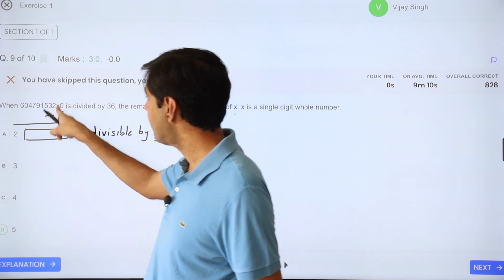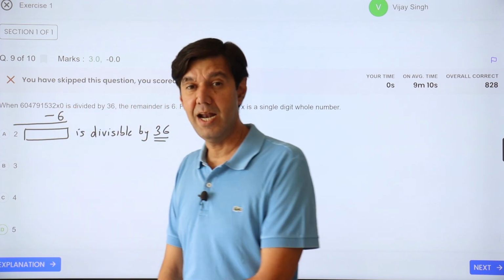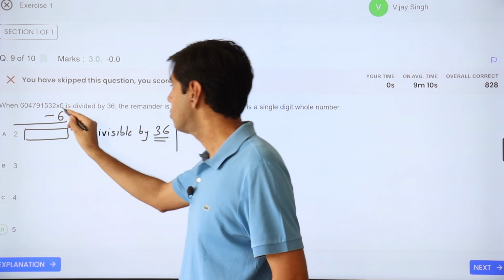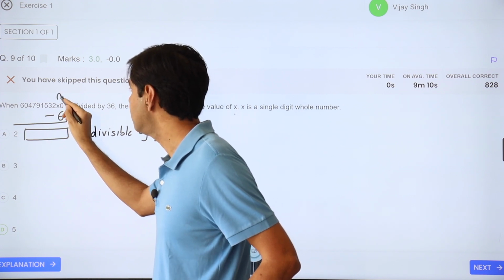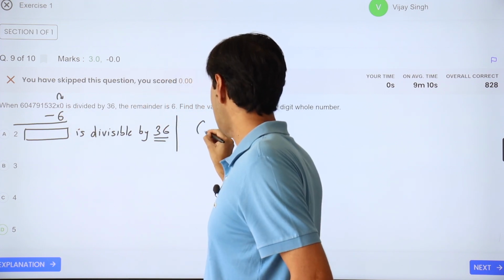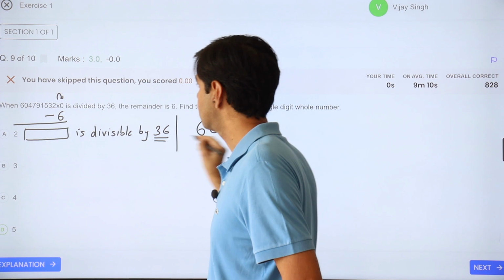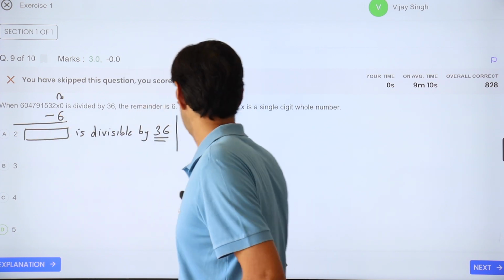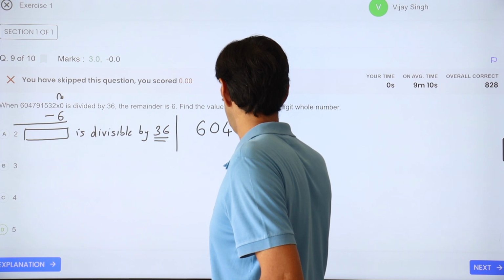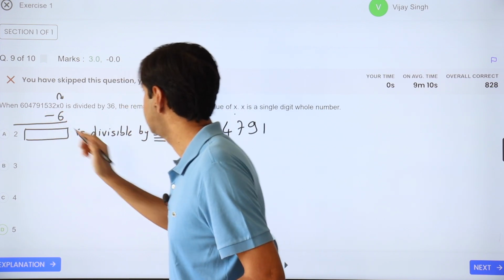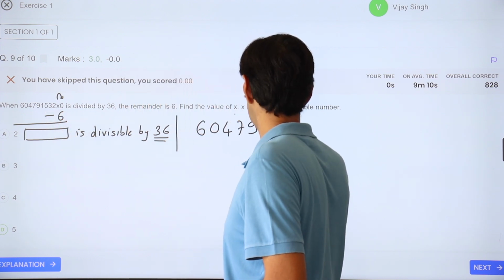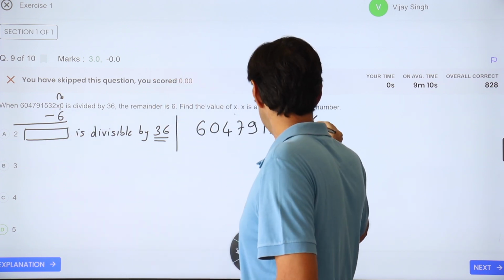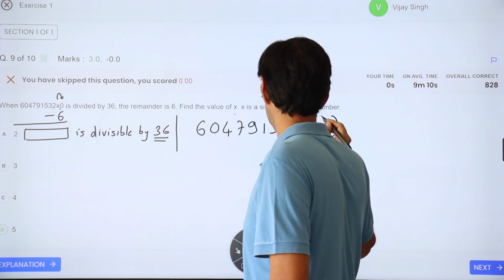So how do you subtract the 6, especially when there are... Now there are people who get very creative, and I'm just thinking aloud. So when you subtract the 6, you carry a 1, so there are people who are going to try this question by changing this x: 791, 791, 532, and in place of x now, the digit is x minus 1.